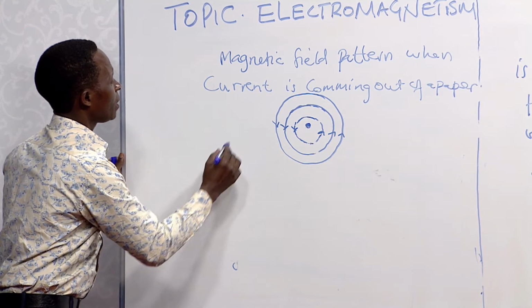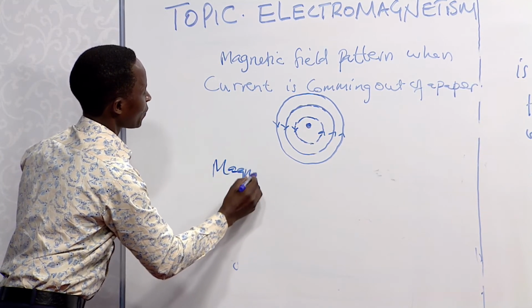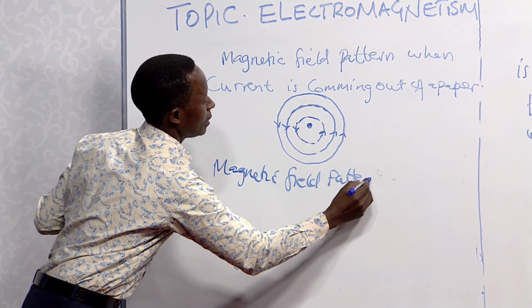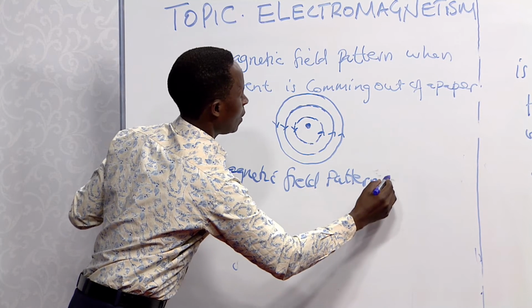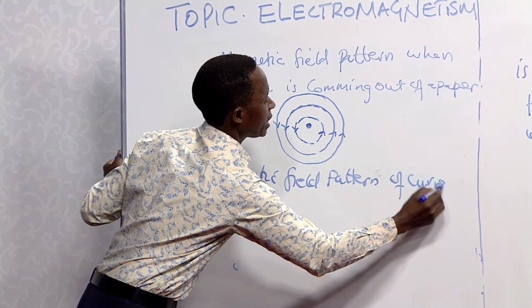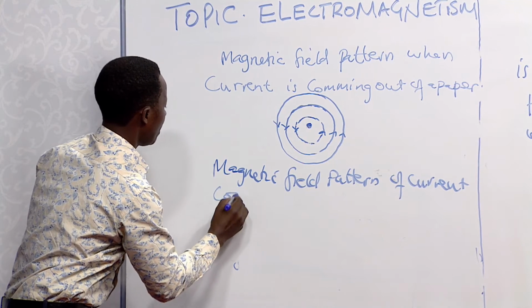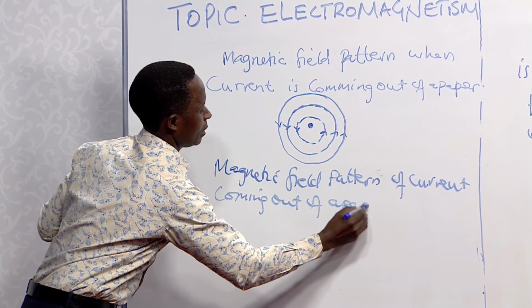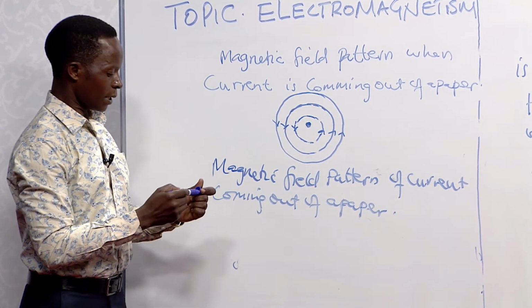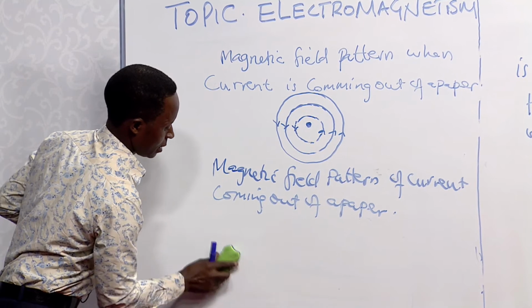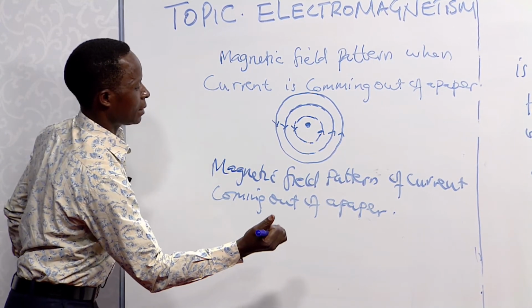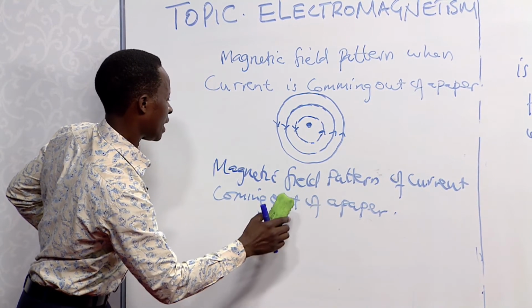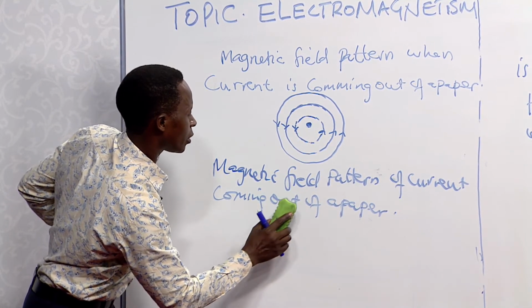So we are going to say magnetic field pattern of electric current into a paper. So hold the pen, the pencil, like this.